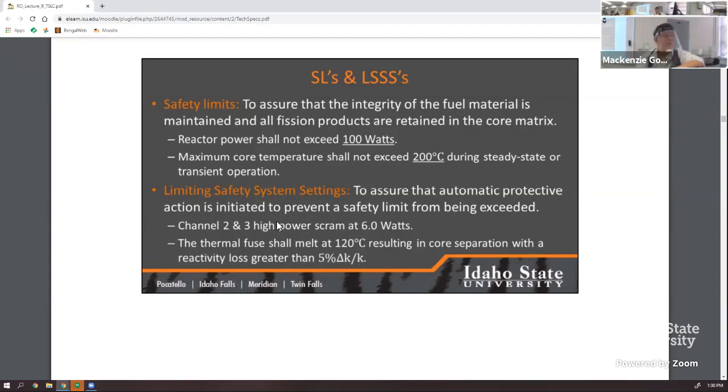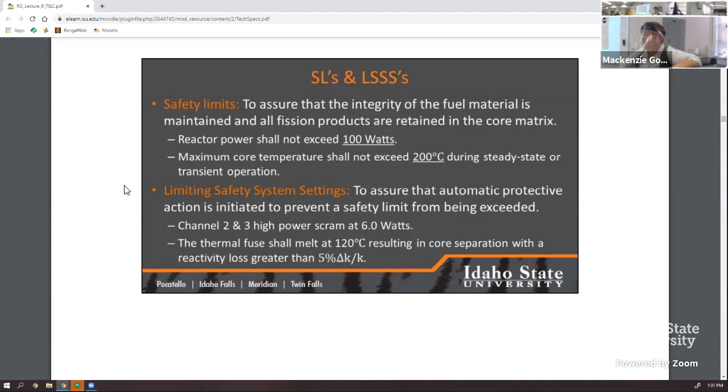So this relationship between scram at this power to protect this power limit and core separation at this temperature to protect this temperature, this whole slide, you just have to know how this all works together.